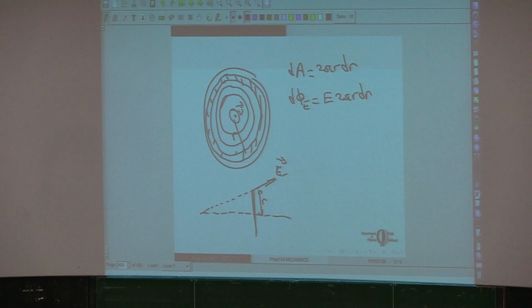So I have to multiply this thing by cosine of the angle. So the area vector, this is my ds. And this is my angle, let's say theta. So the flux is not just electric field times the area, but times cosine of this angle theta.